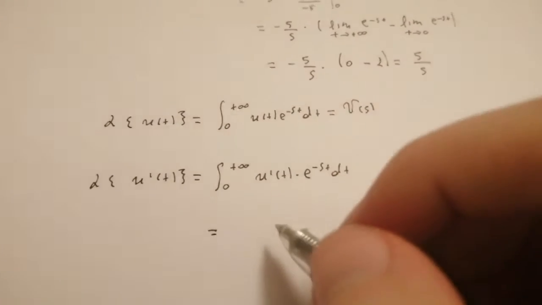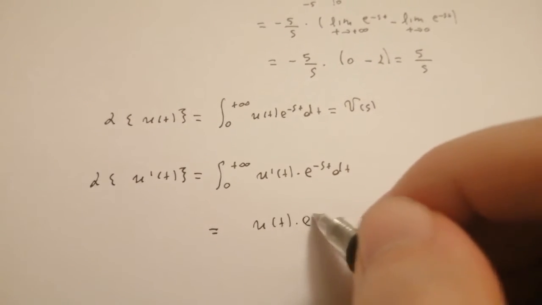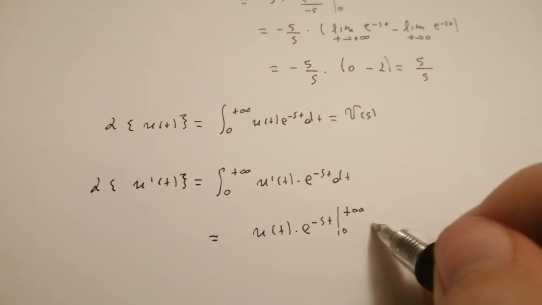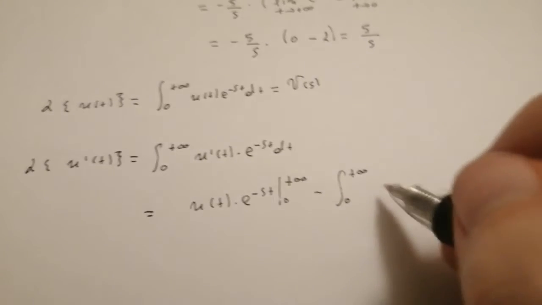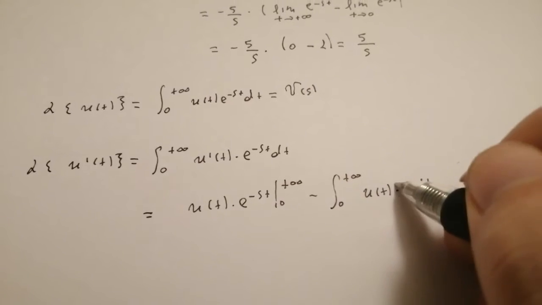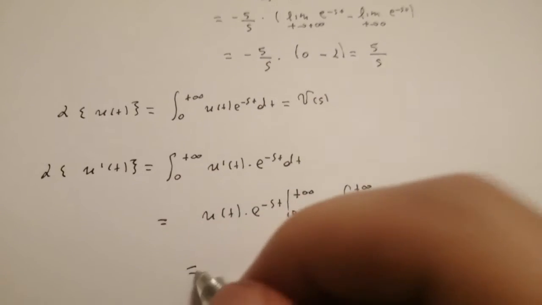What I do here is integration by parts, so I have u of t times the exponential from 0 to infinity, minus the integral from 0 to infinity of u of t times the derivative of e to the minus s t dt.